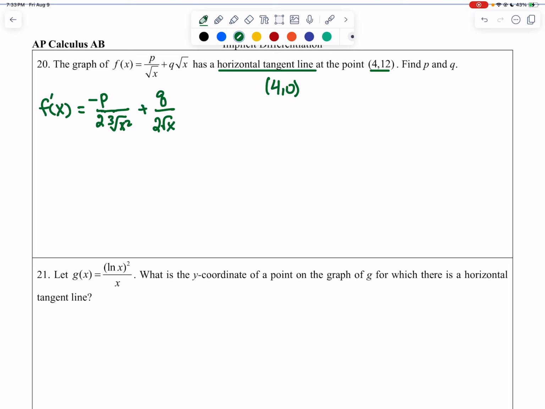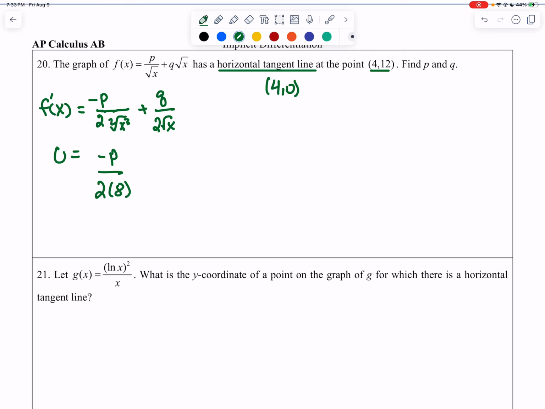Now, I know that I have the coordinate (4, 0), so I'm just going to plug in 4, 0. Negative p over 2 times x to the 3/2. If I plug in 4 here, the square root of 4 is 2, and 2 cubed is 8, so that's going to give me 8.